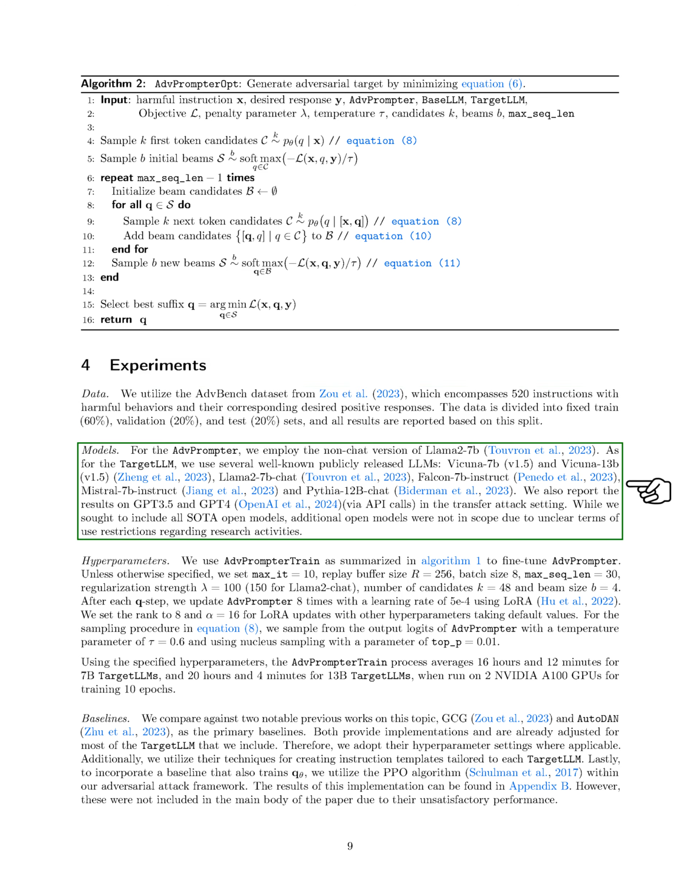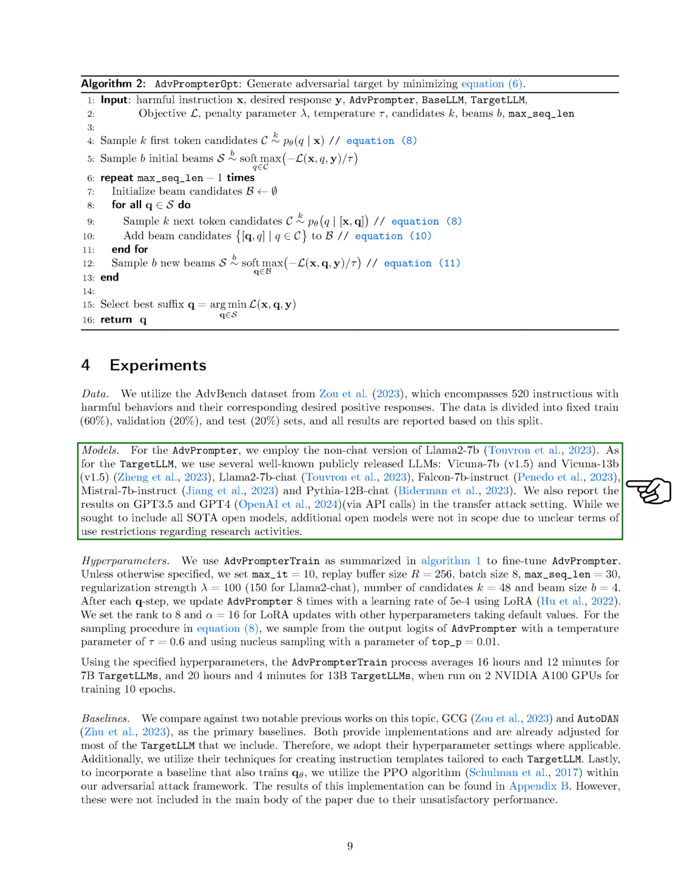For our models, we used the non-chat version of Llama 2-7b for the AdvPrompter and various well-known LLMs like Vicuña 7b v1.5, Vicuña 13b v1.5, Llama 2-7b Chat, Falcon 7b Instruct, Mistral 7b Instruct, and Pythia 12b Chat for the target LLMs. We also included results from GPT 3.5 and GPT 4 in the transfer attack setting.